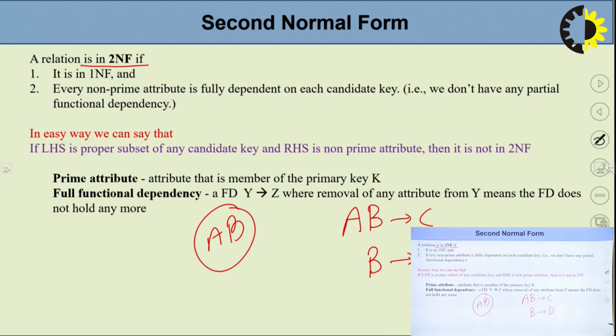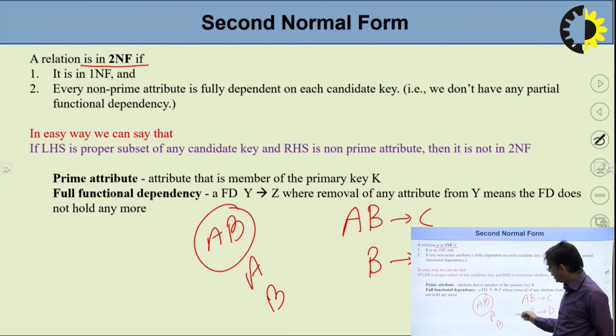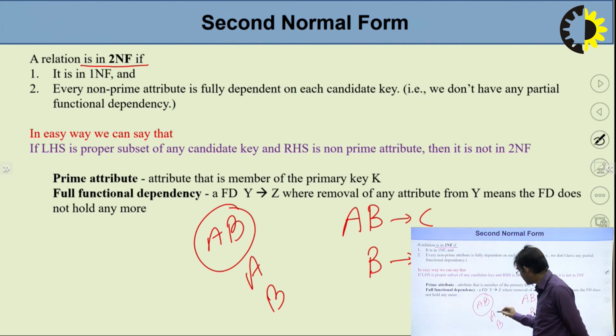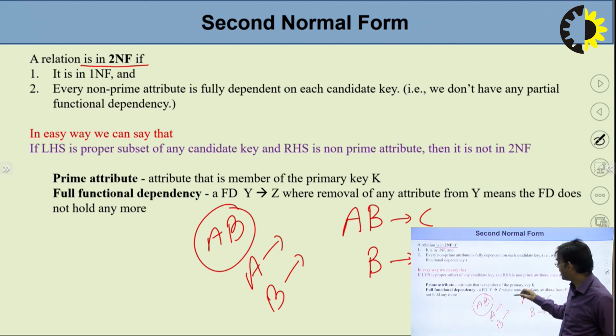Now we have to understand partial functional dependency. What is the subset of AB? It is A and it is B. That is the subset of AB. If a functional dependency exists either A tends to something or B tends to something, that is in the category of partial dependency.